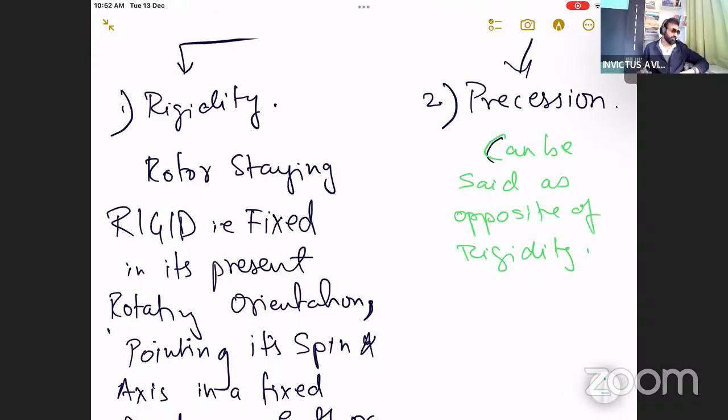The second point: a gyro with high rigidity has low precession. That's how I'm saying it's opposite.